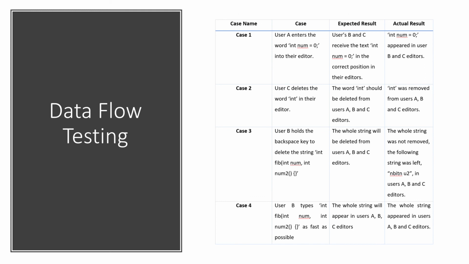So yeah, data flow testing, which is kind of what I was just mentioning before, where what I'm worried about is the form the data comes in. Cases 1, 2, and 4 were fine, but case 3 was where I actually discovered an erroneous case, where if I just held down backspace, the whole string wouldn't delete.